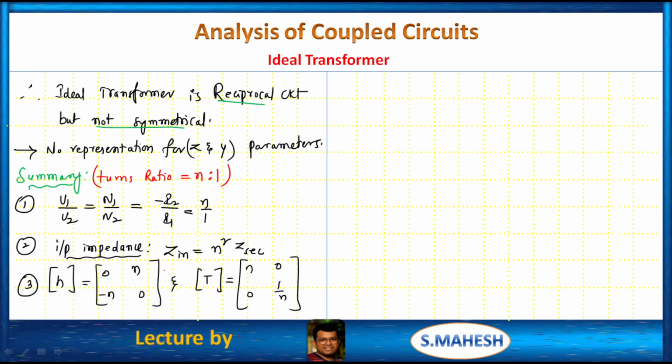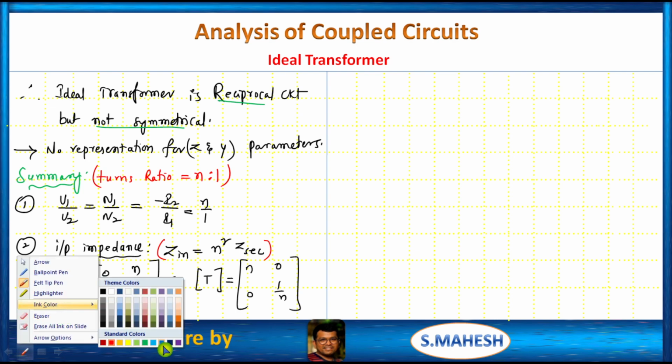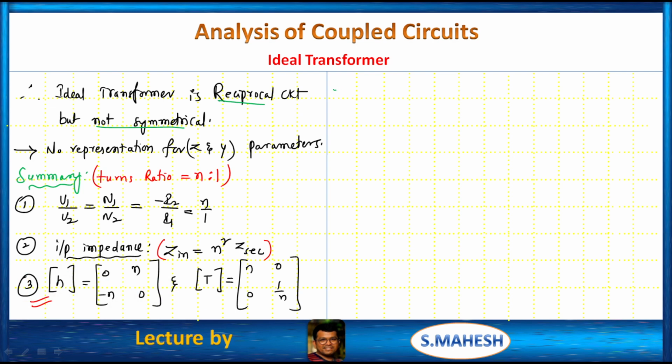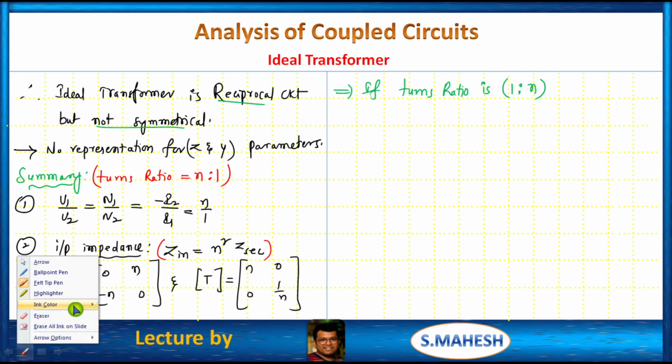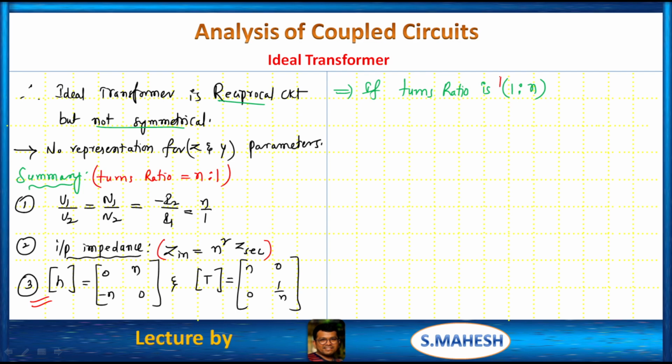Okay, this is the analysis. For example, if the turns ratio is 1:n, that is N1 by N2 equals 1 by n. That is the meaning.